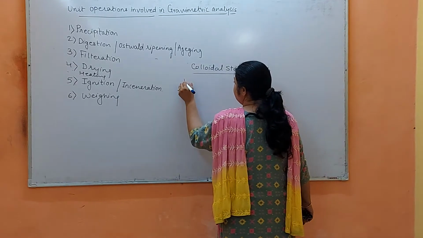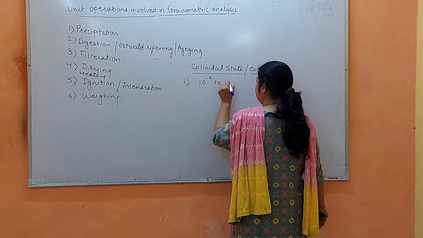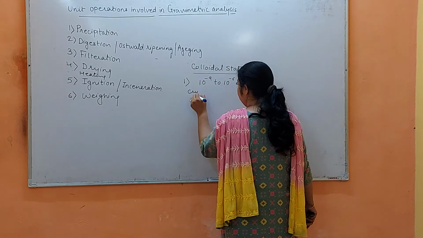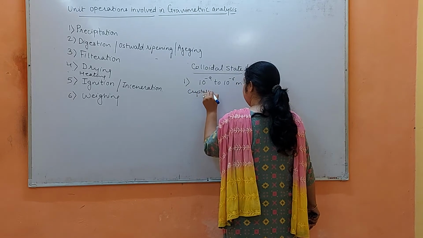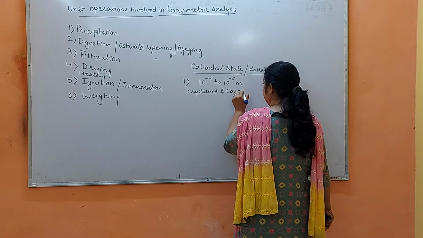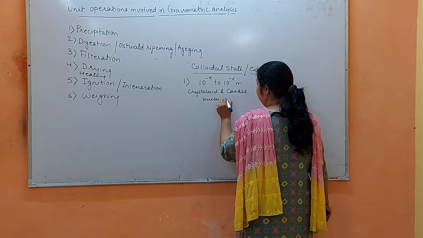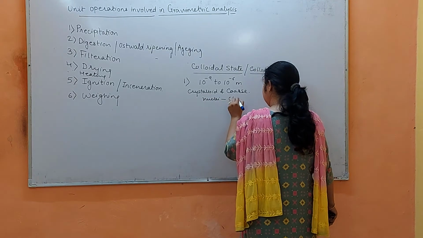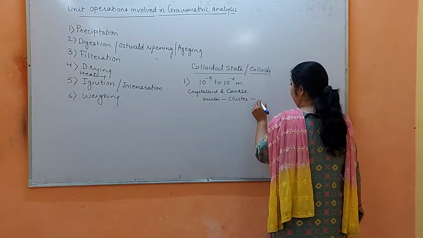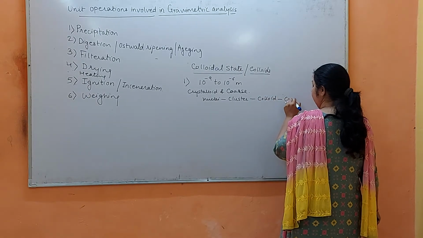Now they have a size between, you can say, 10 raised to minus 9 to 10 raised to minus 6 meters, meaning between the crystalloids and coarse particles. Alright, first one is nuclei, then you have the cluster, then you have the colloid, and then you have the coarse particle.